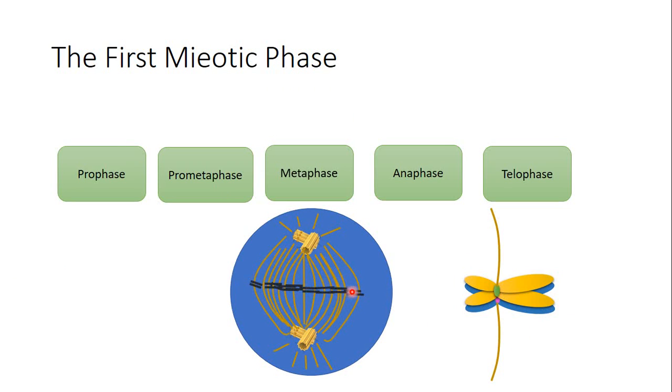on the spindle. In the metaphase, which is the third phase of the meiotic phase, these two centrosomes will start to apply pulling forces on the chromosomes which are placed on the spindle.